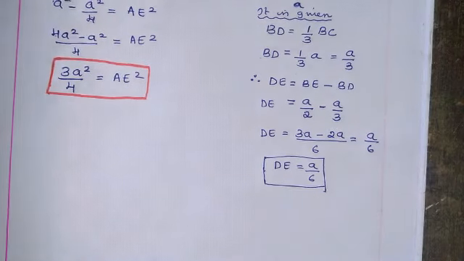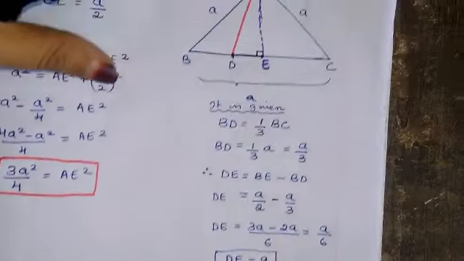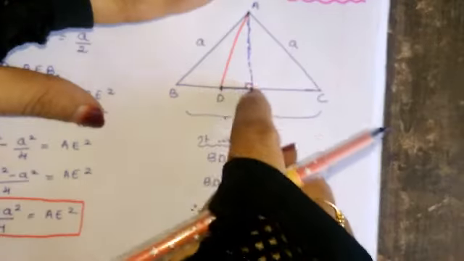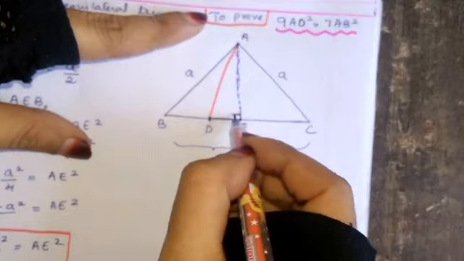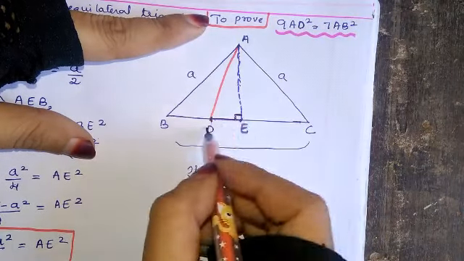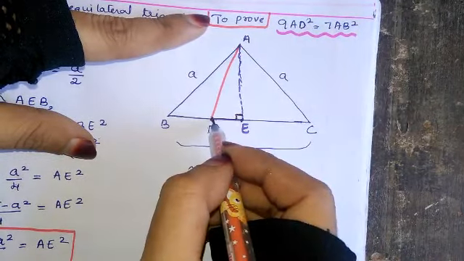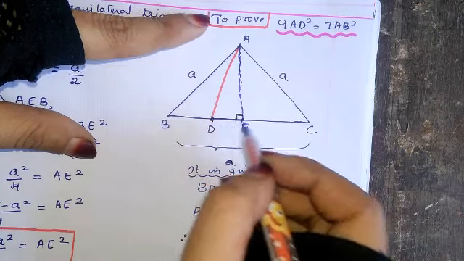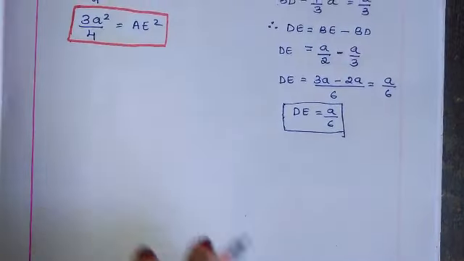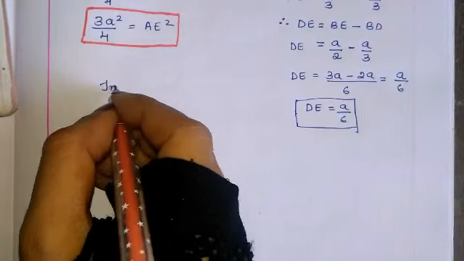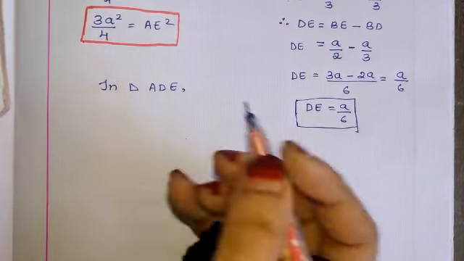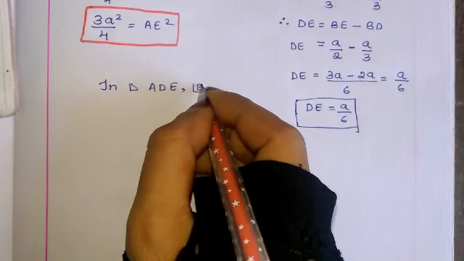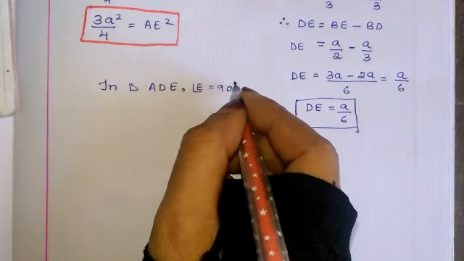Now the main concept is we want AD. Let us take the small triangle ADE. In triangle ADE, AD is the hypotenuse, and angle E is 90 degrees.